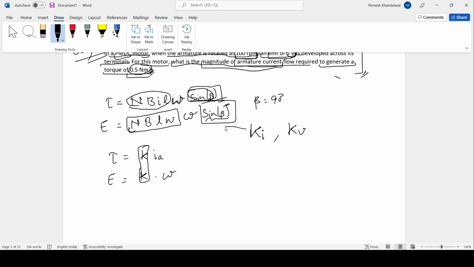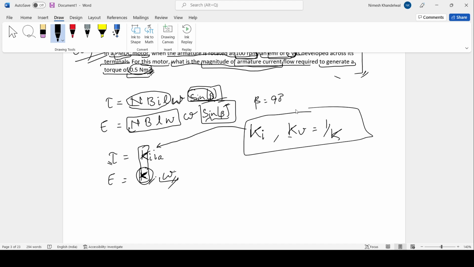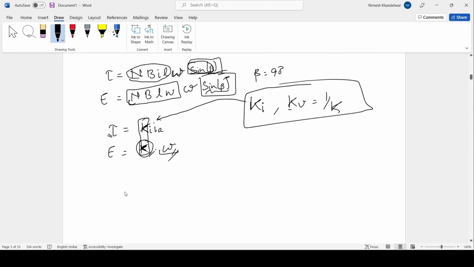Ki is actually this K. So Ki multiplied by the armature current is supposed to give you the output torque of the motor, and Kv multiplied by the EMF is supposed to give you the omega. Basically Kv in this case is 1 over K, whatever this K here is. So just keep this in mind. They're related. They're not that different from each other.